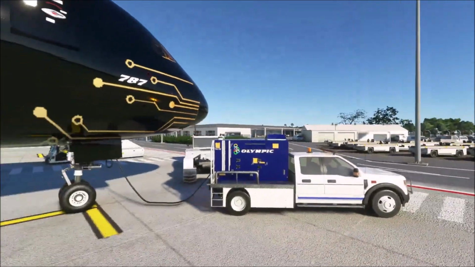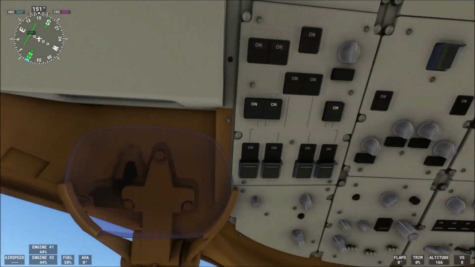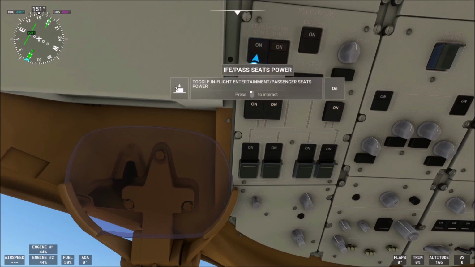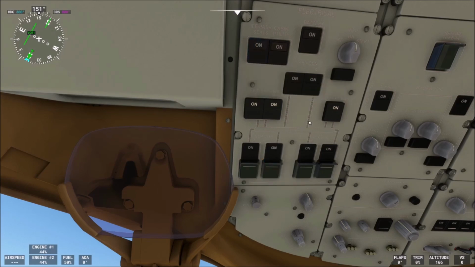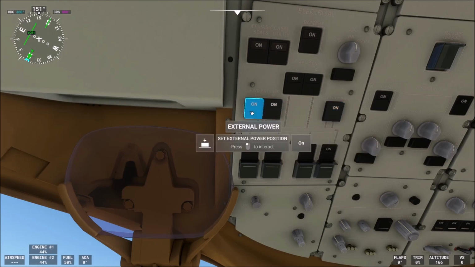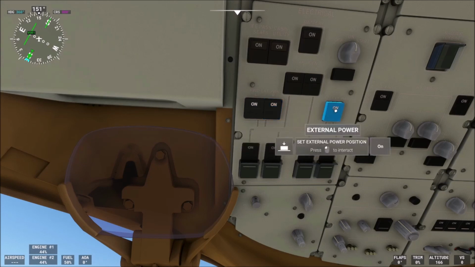I see many times that during the startup of the bigger planes, of the Boeings, the Dreamliner, the 777s or the 747, everyone just presses these buttons, if available, and they think they are done.